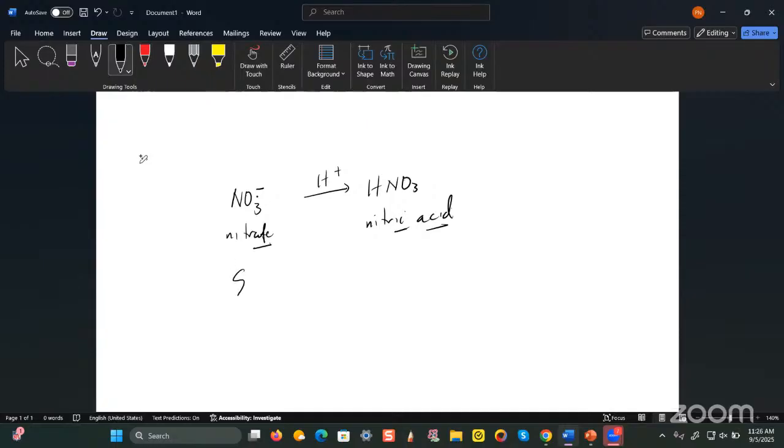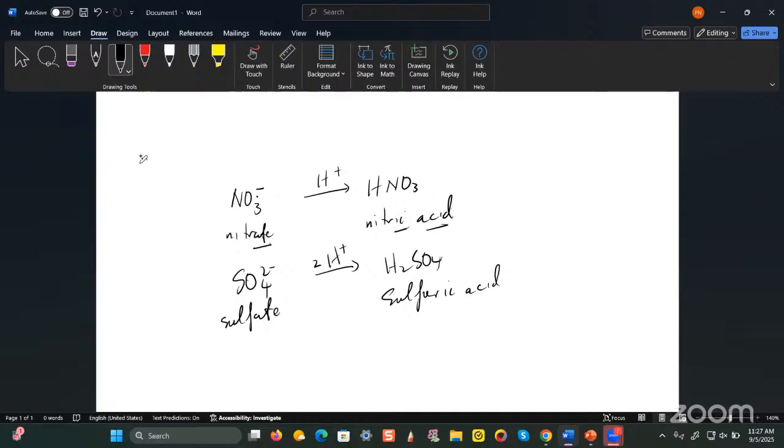Now, here's another example, SO4 2 minus. In this case, you need to add 2H plus to get H2SO4. The name of this anion is the sulfate ion. The name of the corresponding acid is sulfuric acid.